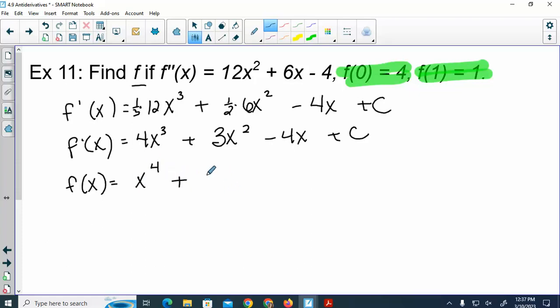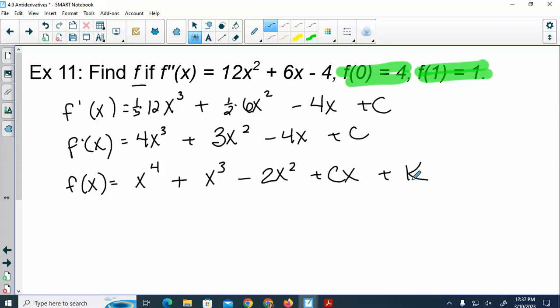Antiderivative of x squared. X cubed. Antiderivative of 4x. No, it's actually like the antiderivative of c. And then we have a new constant. Now I don't want to put c because do these two constants have to be the same? So let's call it k.